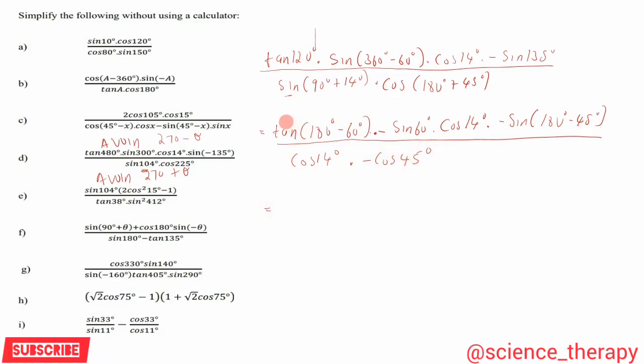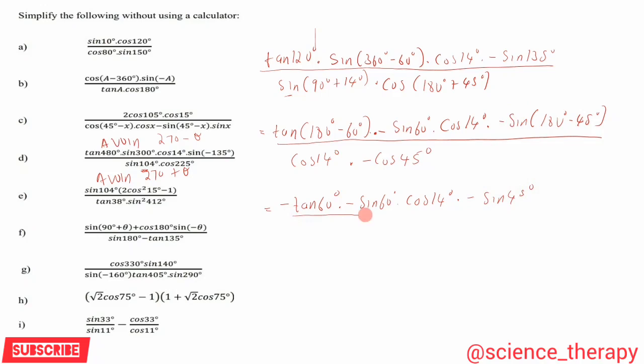Now at this point, we only want to be left with the special angles. So let's continue. Here we have negative tan 60 degrees, because tan in the second quadrant is negative, and then multiply that by negative sine 60 degrees, and then cos 14 degrees. Then this one, sine in the second quadrant is positive, but remember we have the negative here, so that's sine 45 degrees.